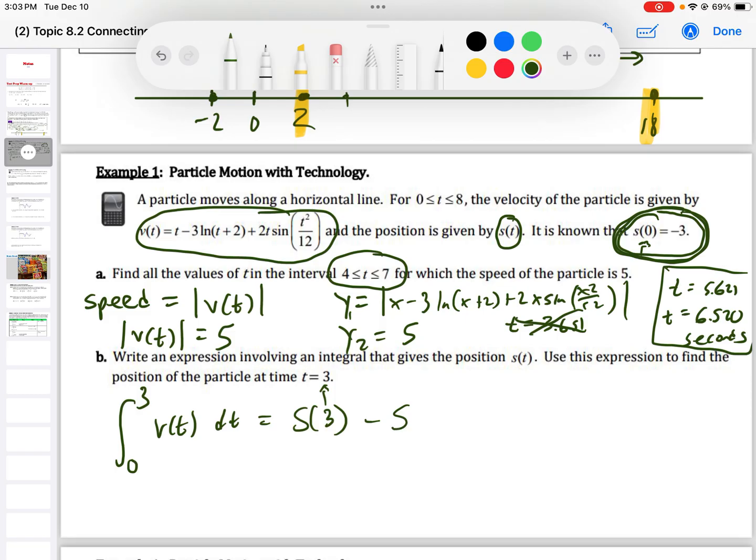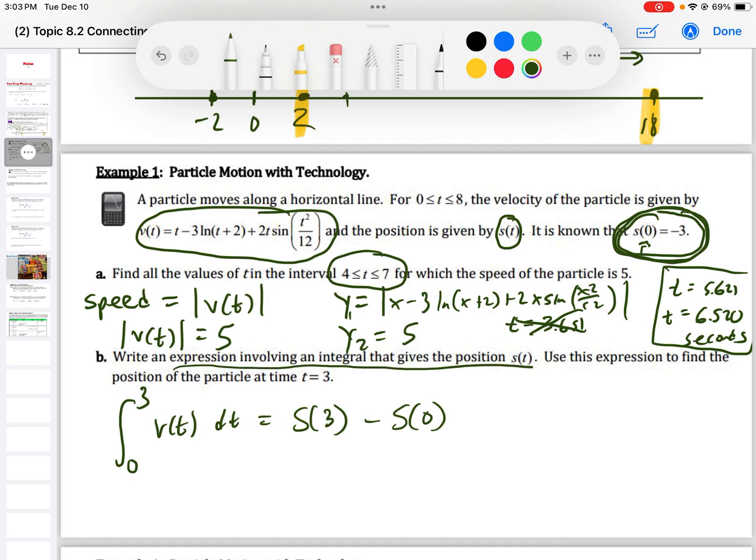So 0 to 3 will be equal to s of 3 minus s of 0, because the fundamental theorem of calculus tells me, since s is the antiderivative of v, there's my equation.